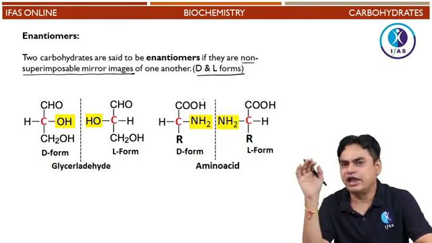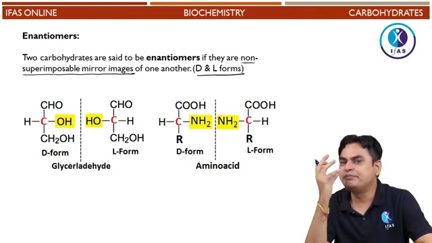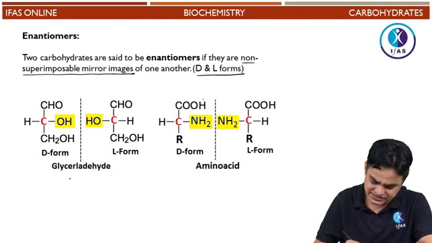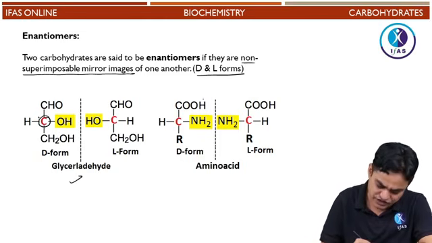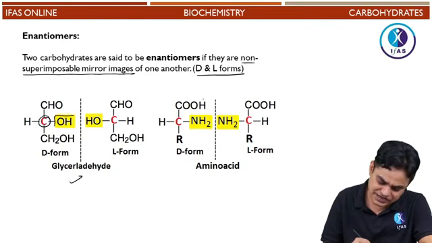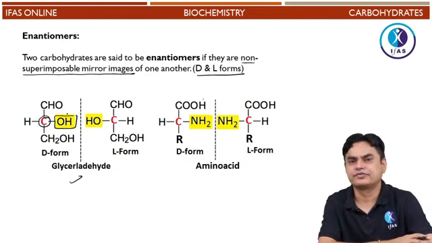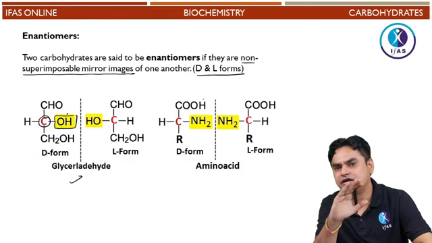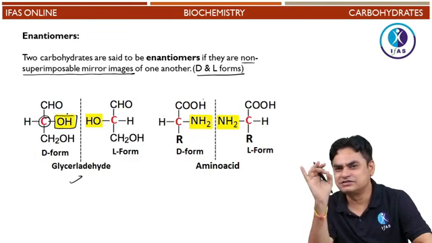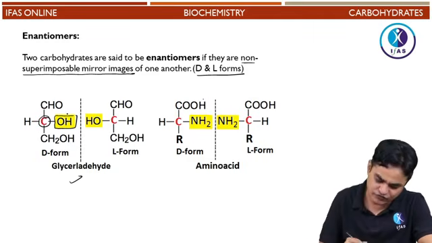The base molecule utilized for designating D or L form is glyceraldehyde. In glyceraldehyde, there is only one chiral carbon, and on this chiral carbon, if the OH group is on the right side, it is referred to as D form, and if the OH group is on the left side, it is referred to as L form.